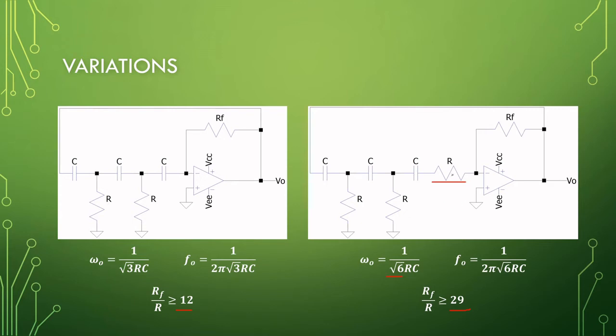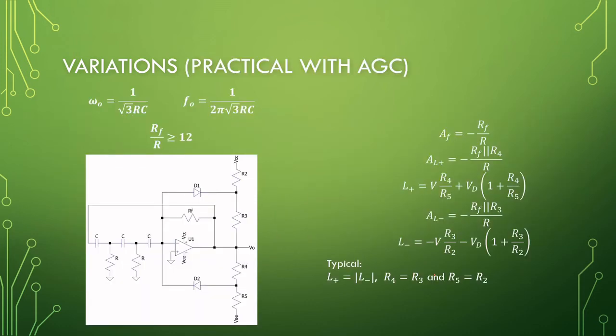You will find this circuit and a root of 3 here, and you will find this circuit and the ratio of 29. So just be careful not to make that mistake. Obviously this one will work with a gain of 29, but your frequency for this circuit will be off if you implement it.